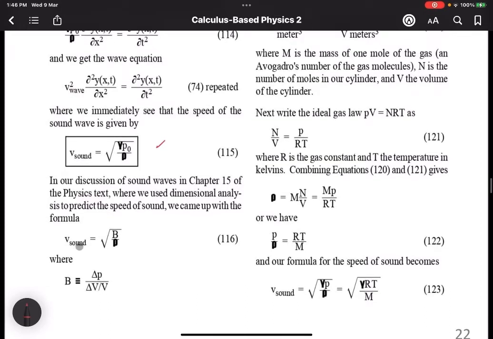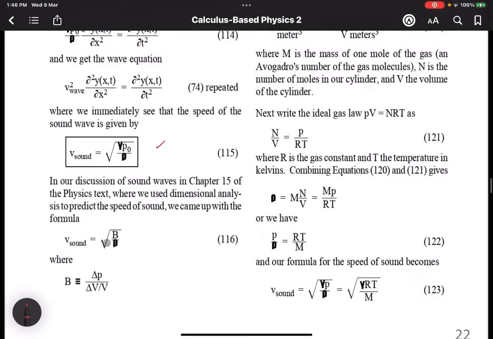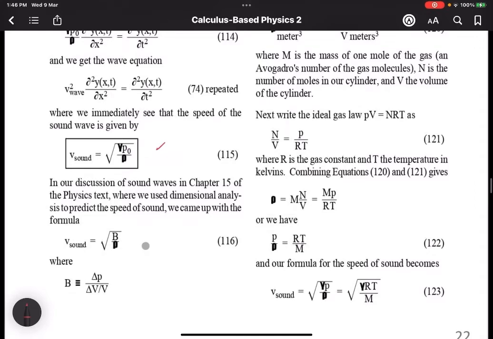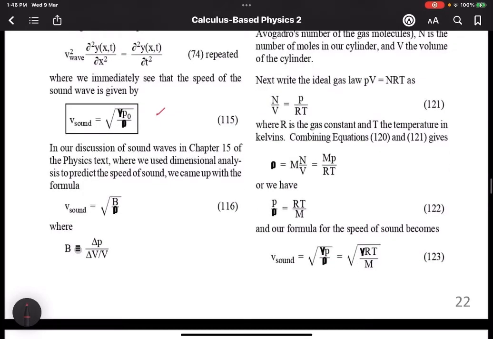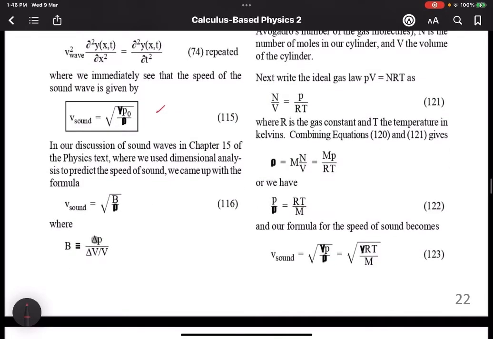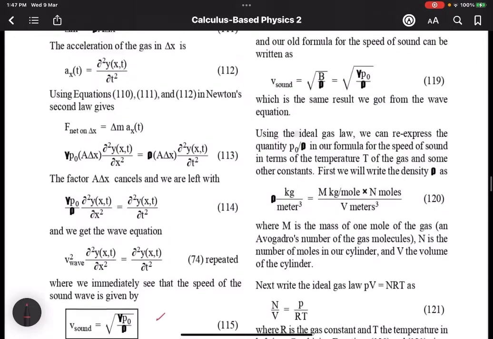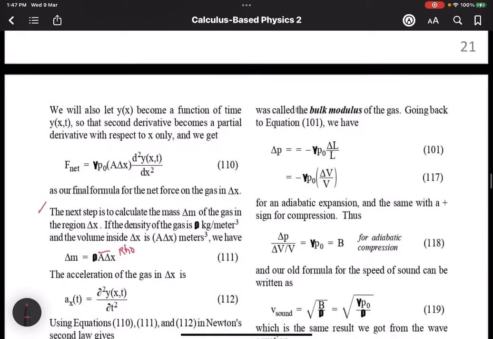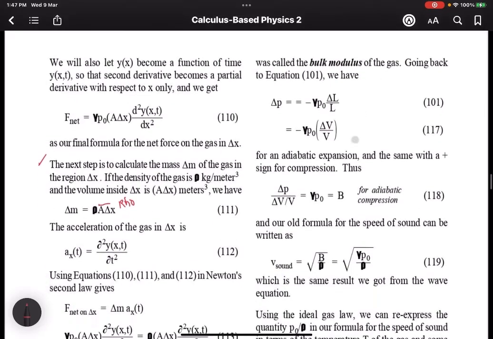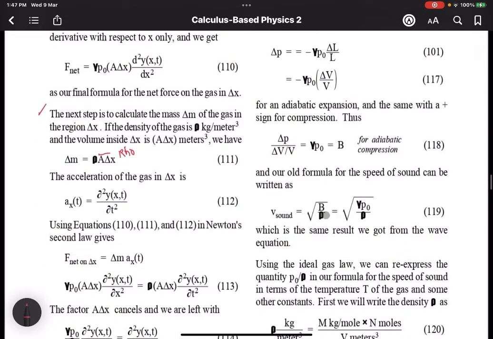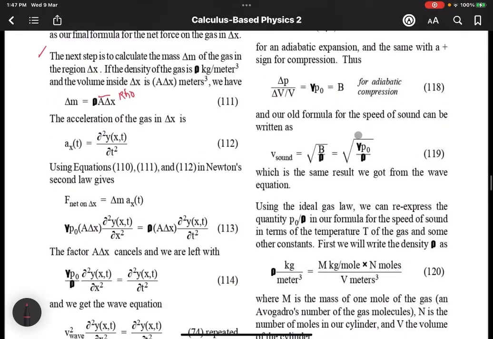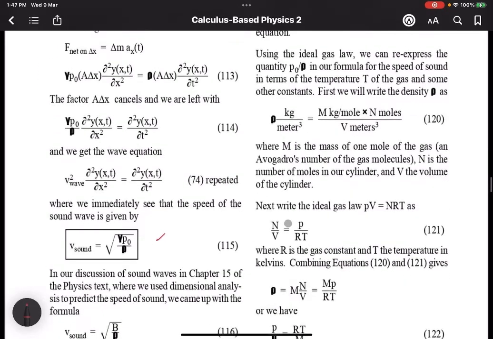The velocity of sound is equal to the square root of B over the density of the gas. This B is defined to be equal to the change in pressure over the change in volume over volume, and it is called the bulk modulus. We can see that it is the same as our derived formula in 115.